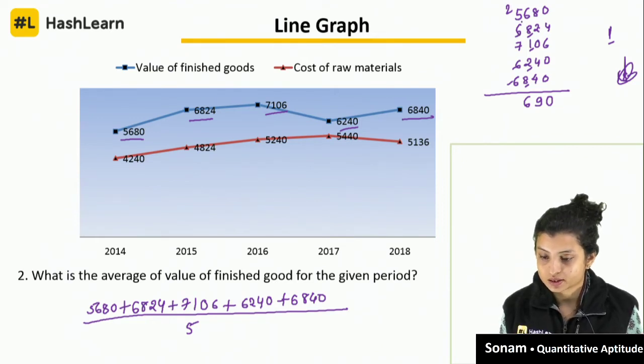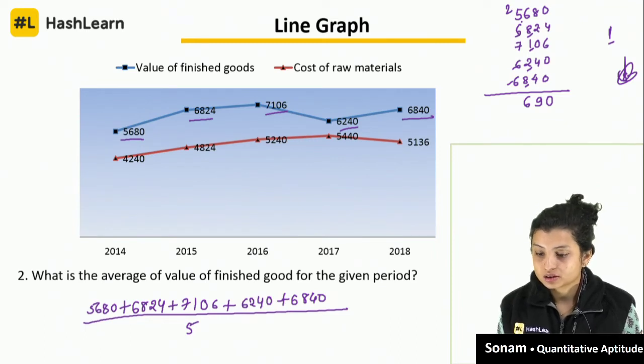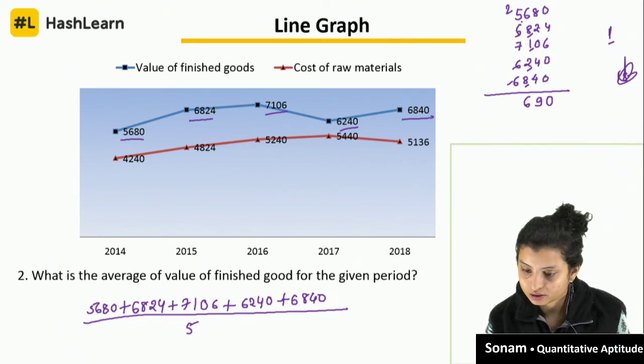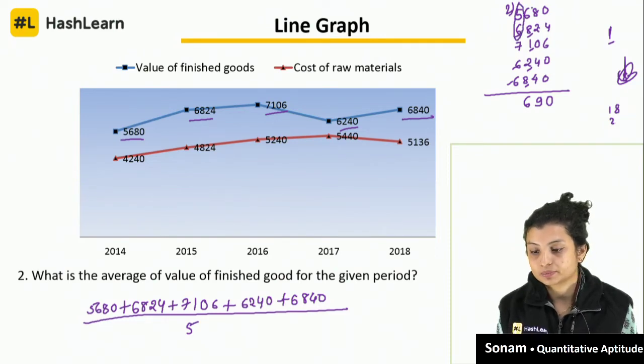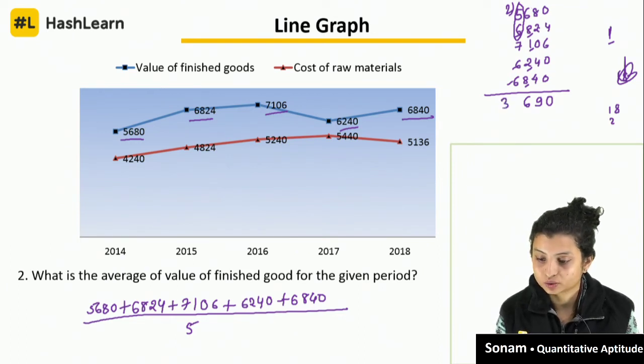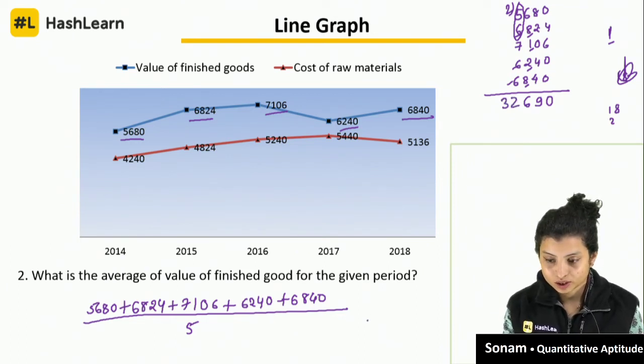Wait a minute. 6 plus 6 plus 6, 18. 18 plus this 2, 20. 20 plus this 5 plus 6, 11. So 30, that will be 31, and then this remaining one, so 32. So your sum is coming out 3260, and then you have to divide it by 5.